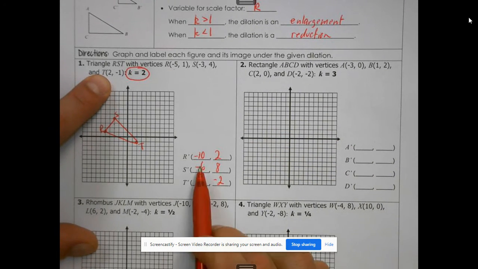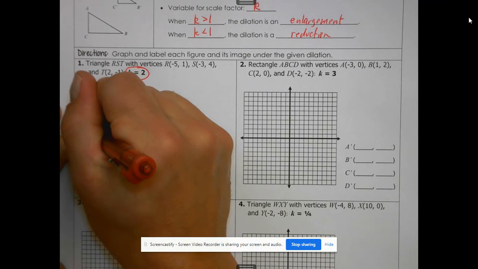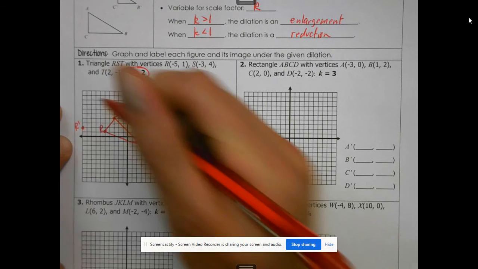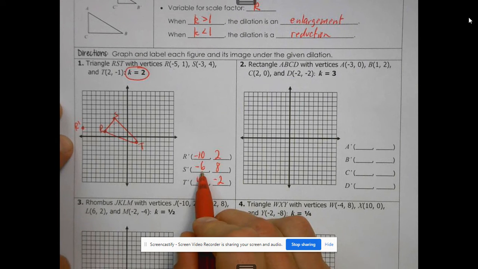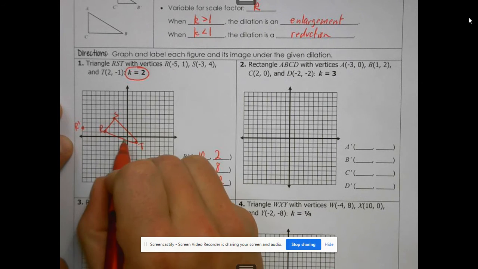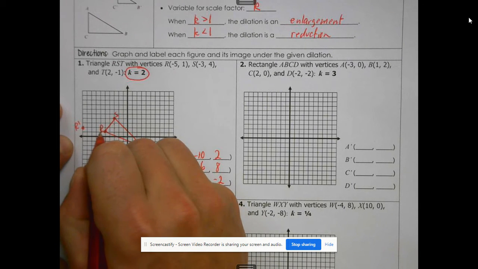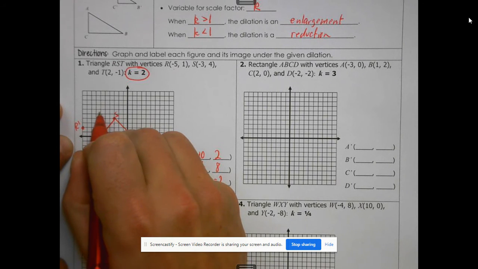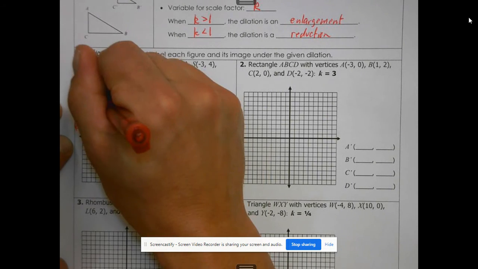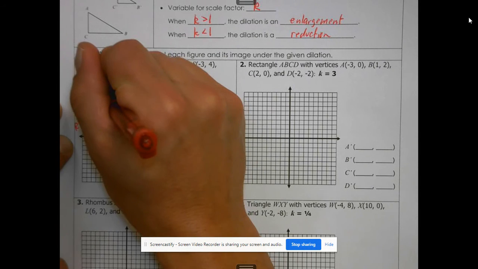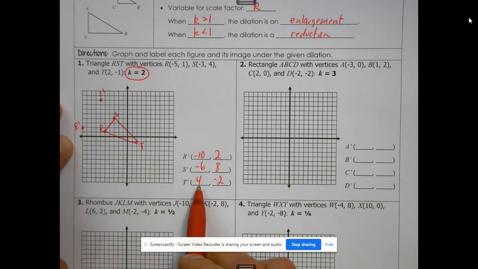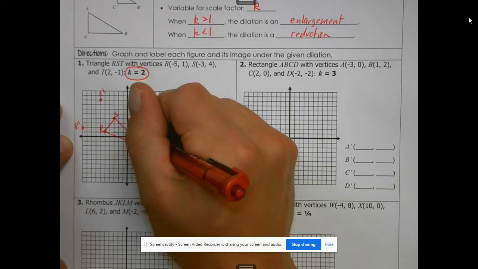Graph the new points. R prime is back 10, up 2. S prime is back 6, up 8. And T prime is over 4, down 2.